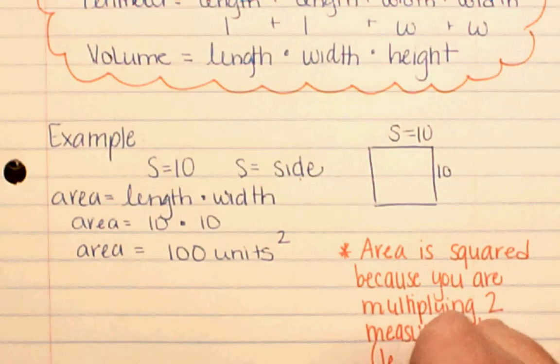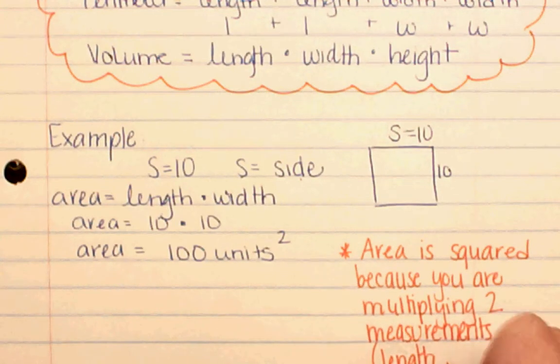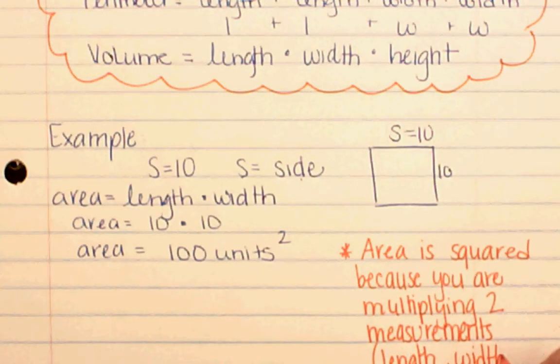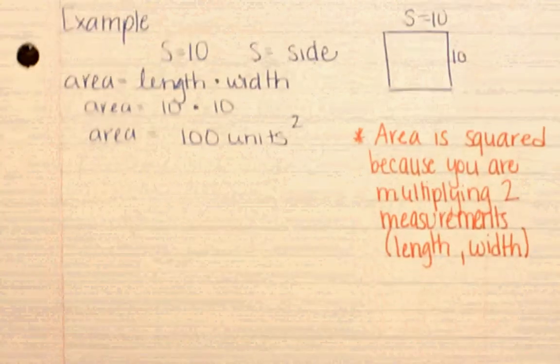One being length and one being width. That's very important, so make sure you have that written down.